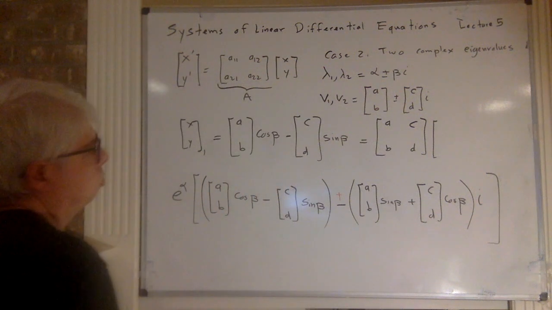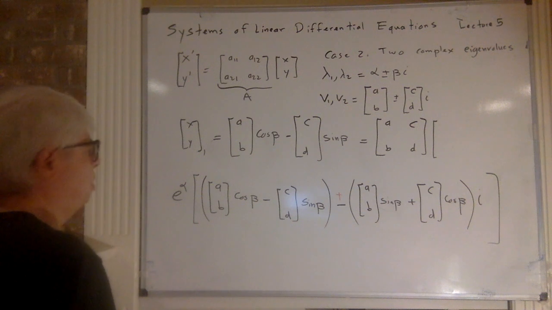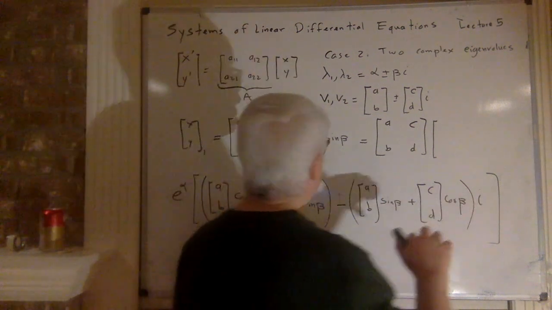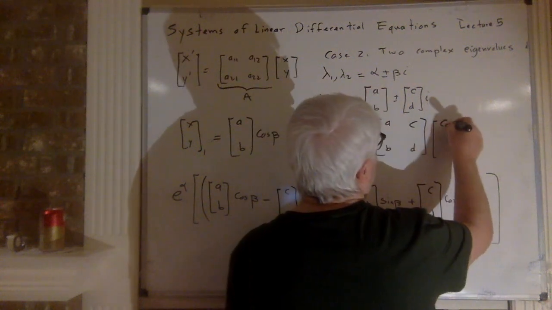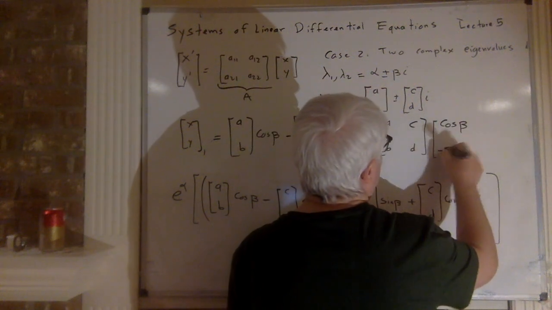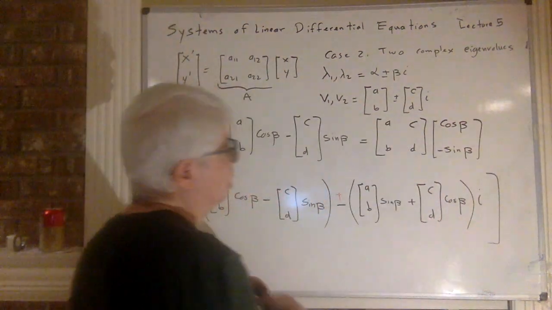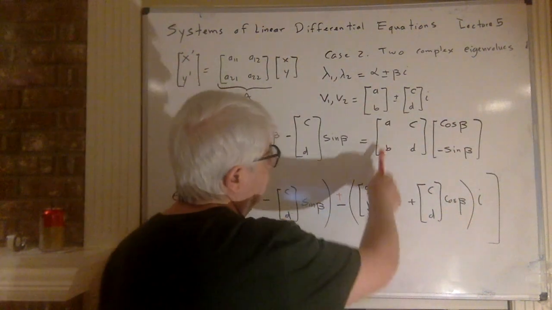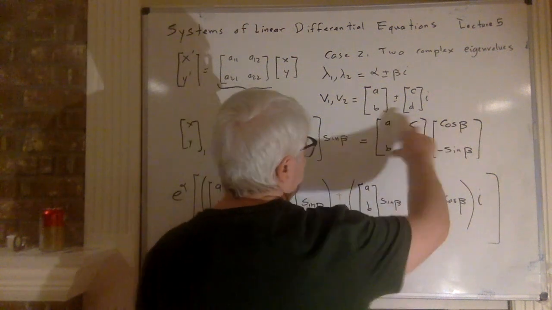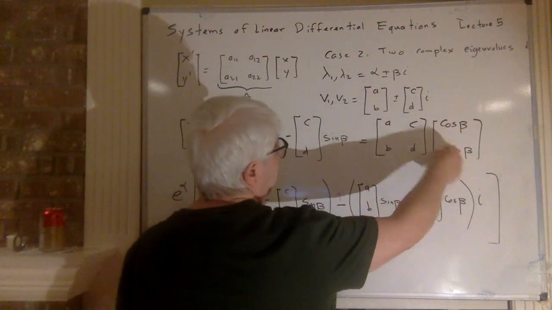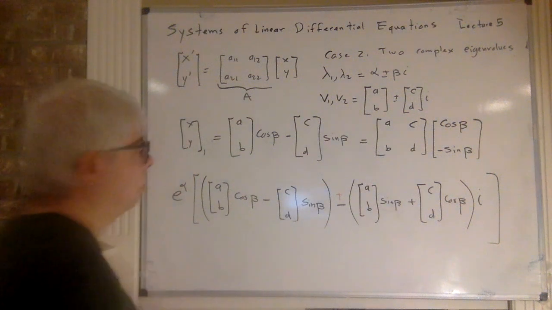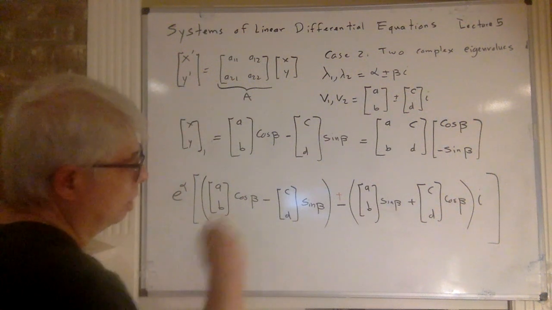I personally prefer minus cosine and sine, but anyway, let me write it down and you will see what I'm saying. So that's cosine beta and minus sine beta, right? Remember when you multiply this matrix by this vector, it is like this times the first column plus or minus this one times the second column, right? So I just wrote it down in this form.